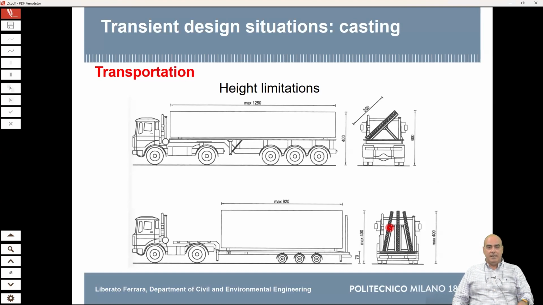Well, in Italy and in Europe, it's the road circulation code, which restricts the width of the cumulative, so truck plus what you are transporting. I think that you can exceed a little bit the width of the carriage, but not much more than that.